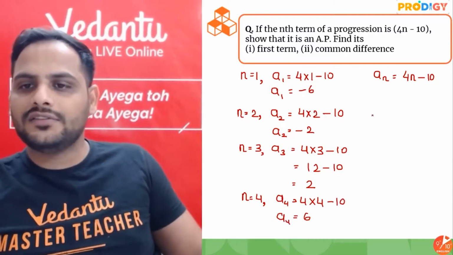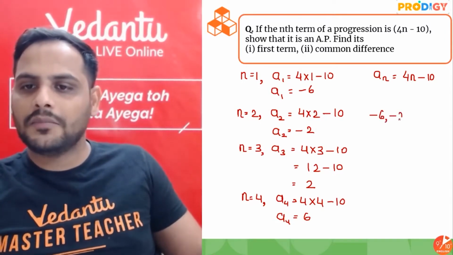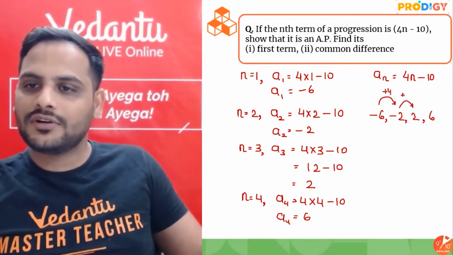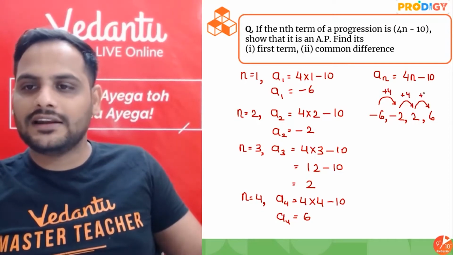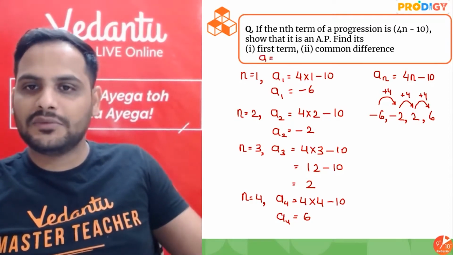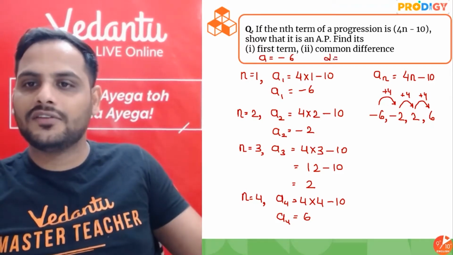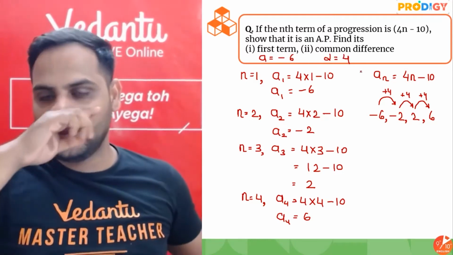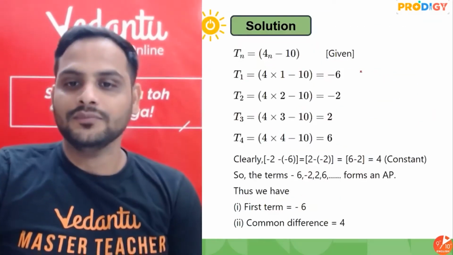So now you can clearly see the terms are minus 6, minus 2, 2 and 6. So every time I am adding plus 4. Yes or no? So I can clearly say, yes sir, it is an AP where first term is minus 6 and common difference is equal to 4.